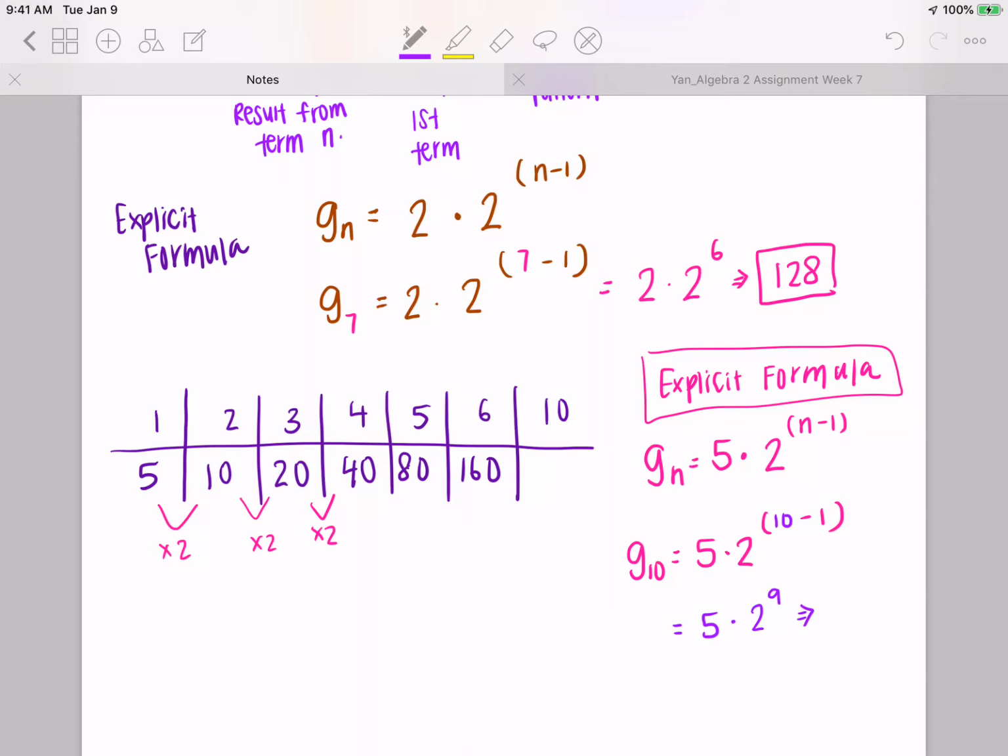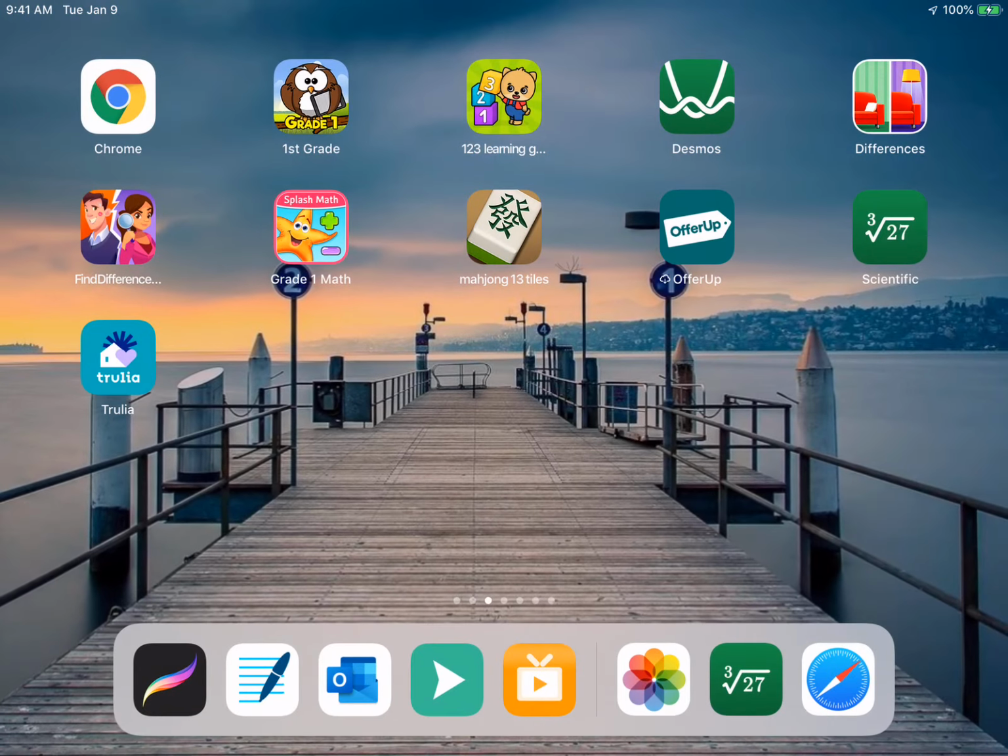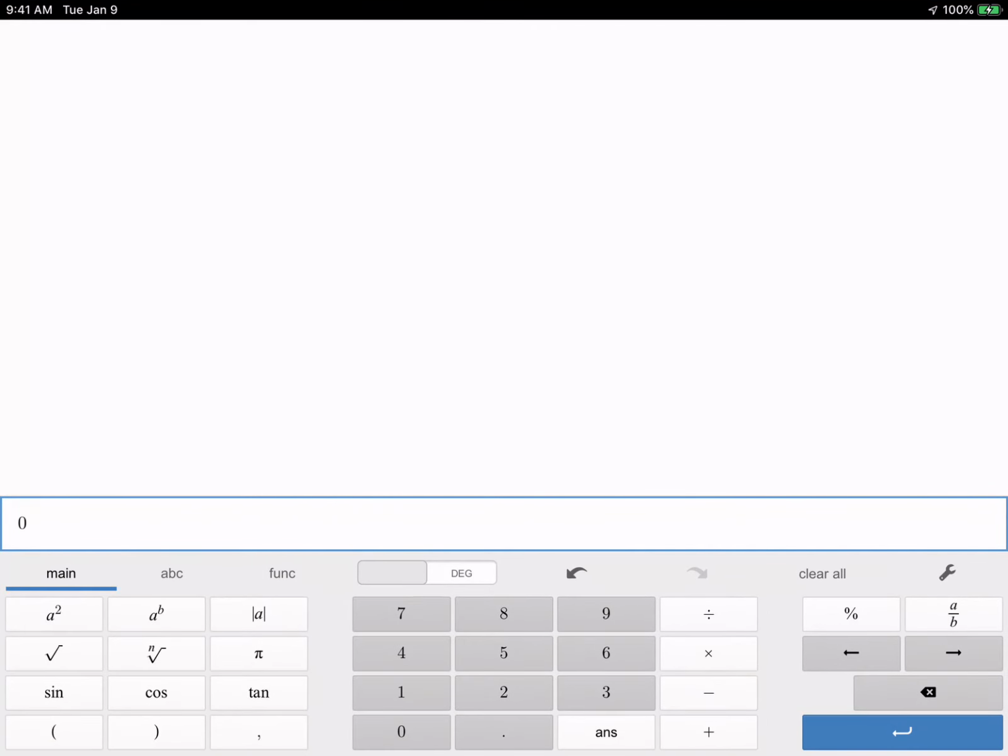So you are welcome to do this on your calculator. We get 5 times 512, which equals 2,560. Okay, so if I'm going to go with my calculator, I'm just going to show you real quick how we do this. 5 times 2 to the, and you could have just written 10 minus 1.